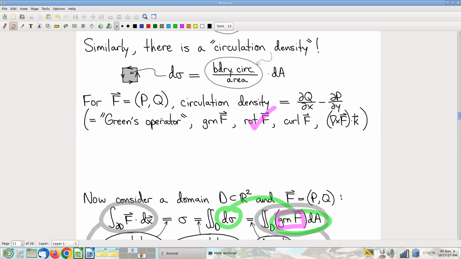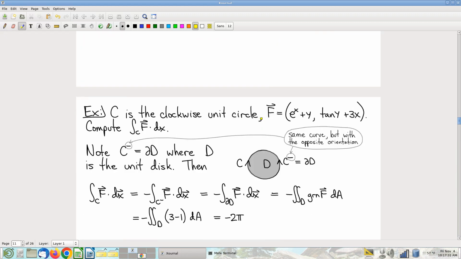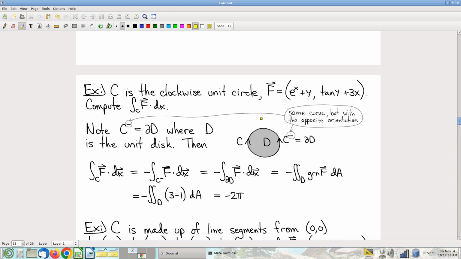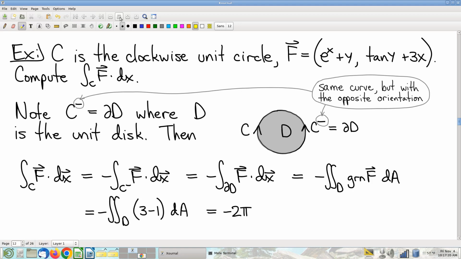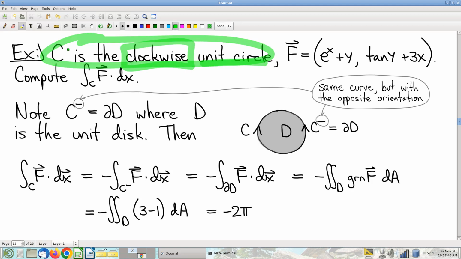And then we ran out of time before we had the chance to do any examples. So, let's see some examples here, starting with this one. We have the unit circle, but to be clear, we have the clockwise oriented unit circle. That's what this domain C is.